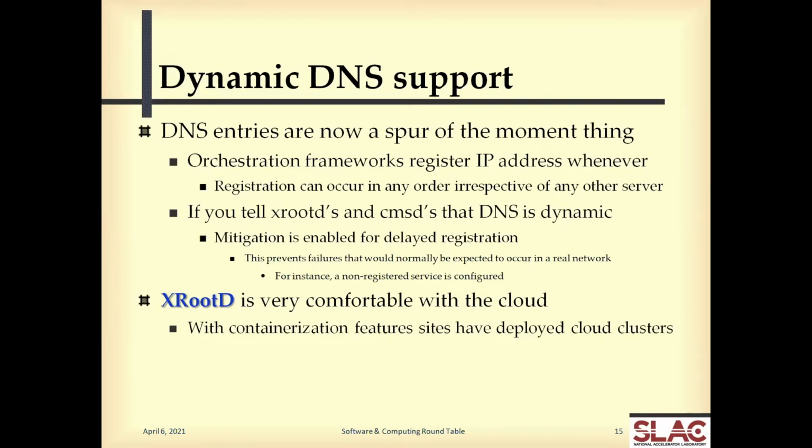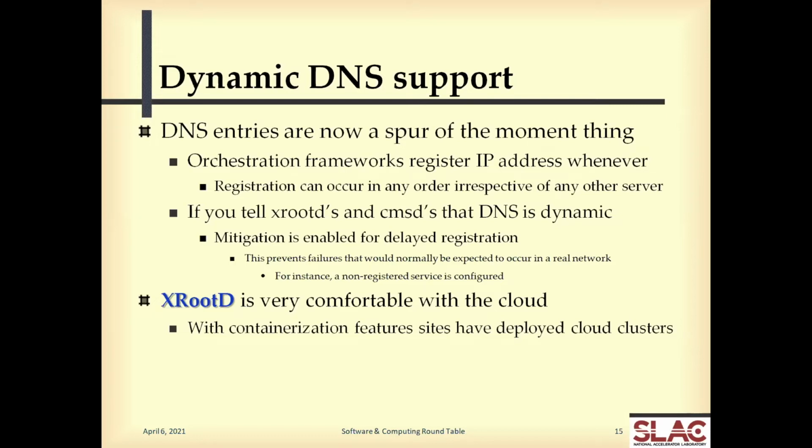So if you tell XRootD and the CMSD that you're using a DNS that's dynamic, then we enable mitigation for delayed registration, which avoids the failures that you would normally see in a real network, where you configured server X, and then we say, oh, where is server X? And then we don't find it, and then give you an error saying something's wrong with your configuration.